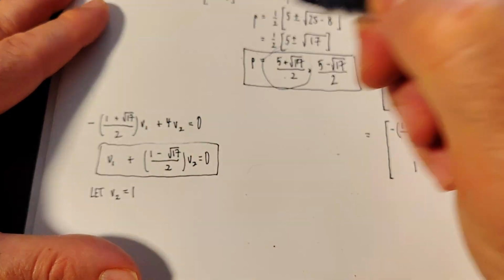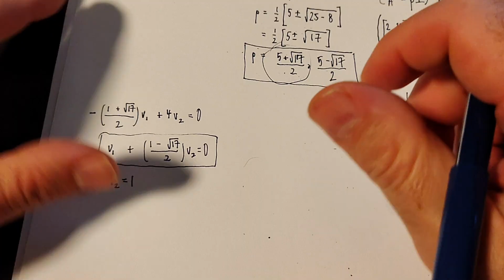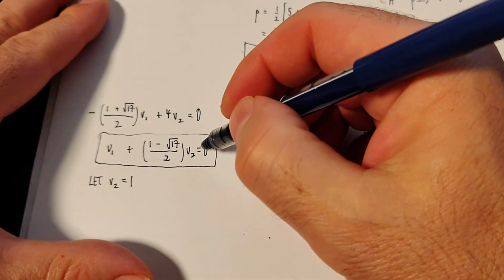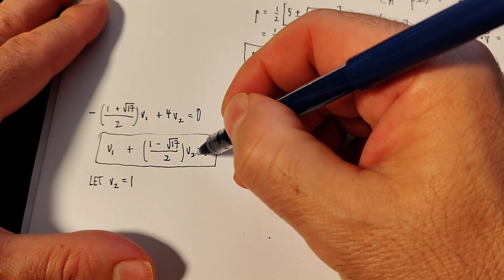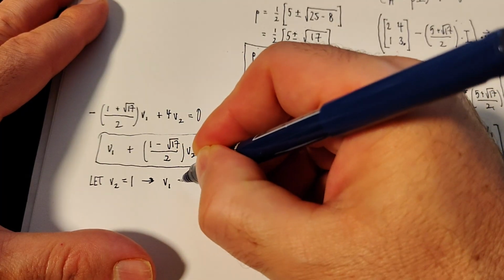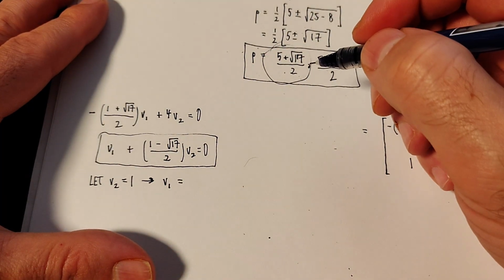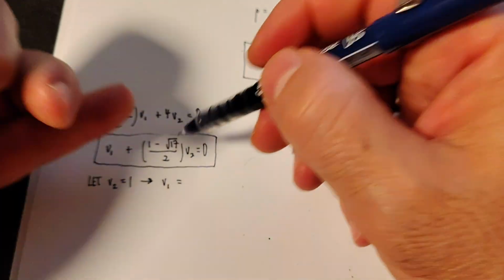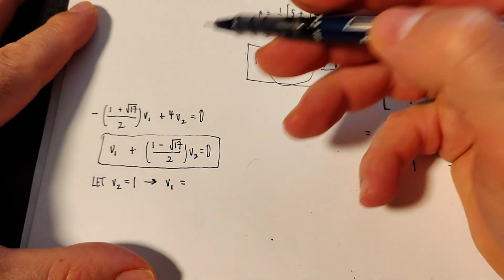Then it implies that v1 is going to be equal to the negative of this constant here.